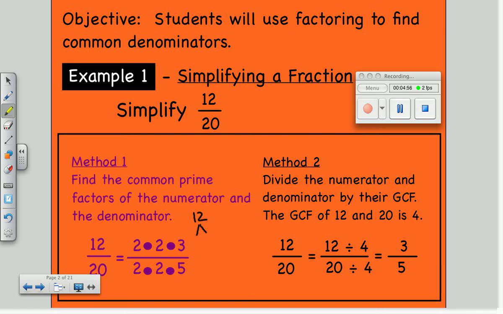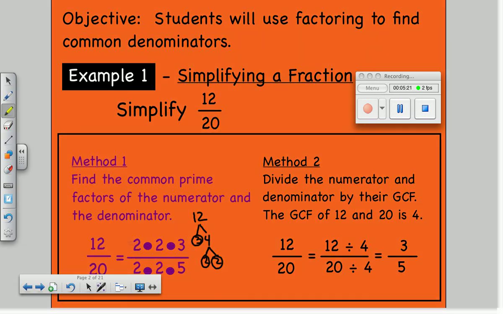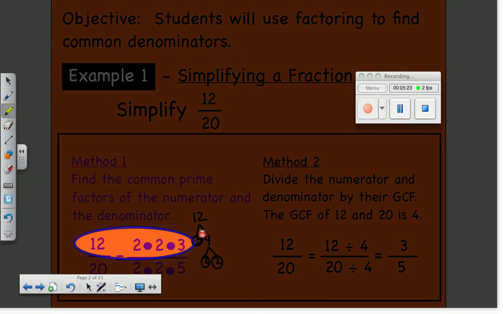We could do 3 times 4, and 4 is 2 times 2, so we have 3, 2, and 2. So that's where I got these from. So factors of 12 are 2, 2, and 3.